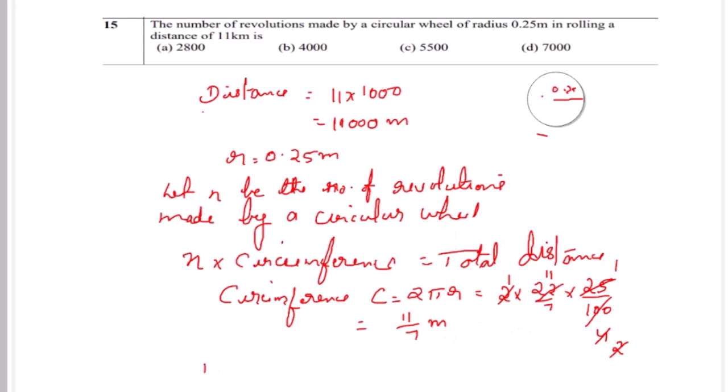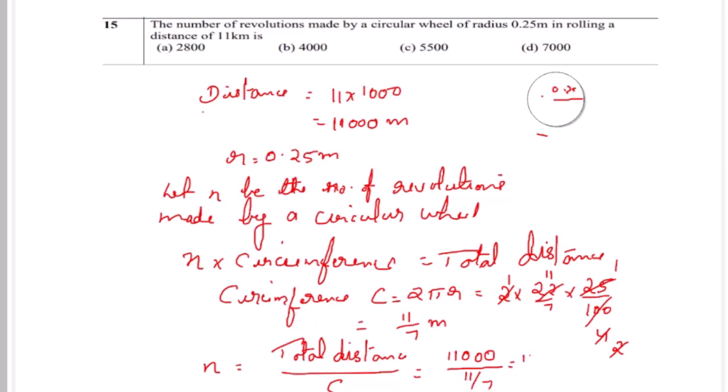Now N, the number of revolutions, is equal to total distance divided by circumference. What is the total distance? Total distance is 11,000, converted to meters. So 11,000 divided by C. Circumference is 11 by 7.